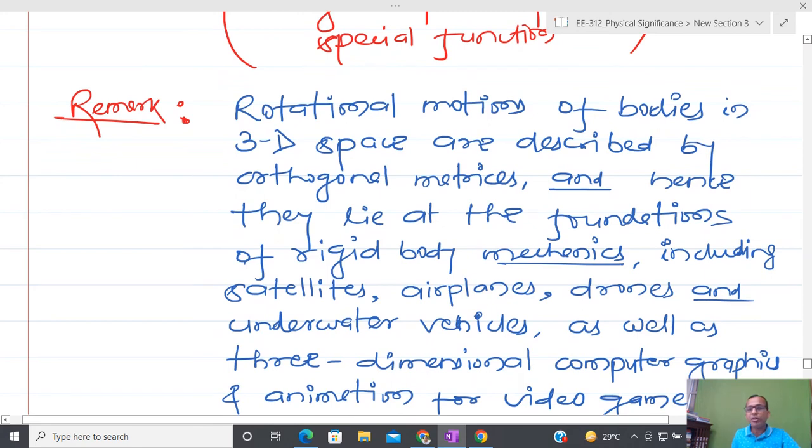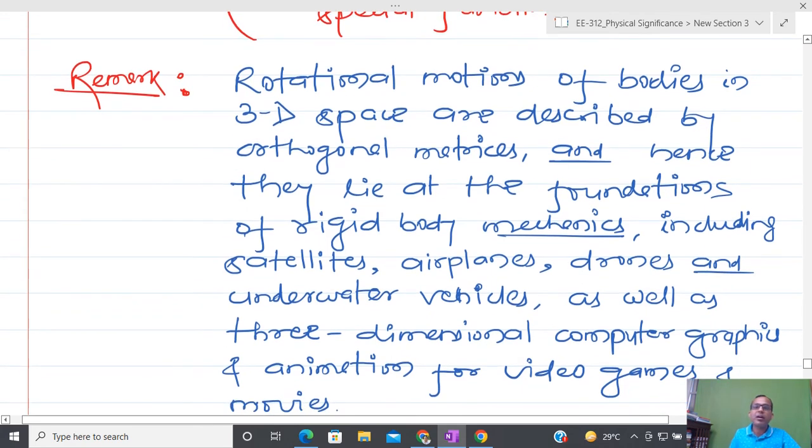One of the most important applications is in rigid body dynamics, where a rotation matrix in three-dimensional space is described by an orthogonal matrix, and hence they lie at the foundation of rigid body dynamics.